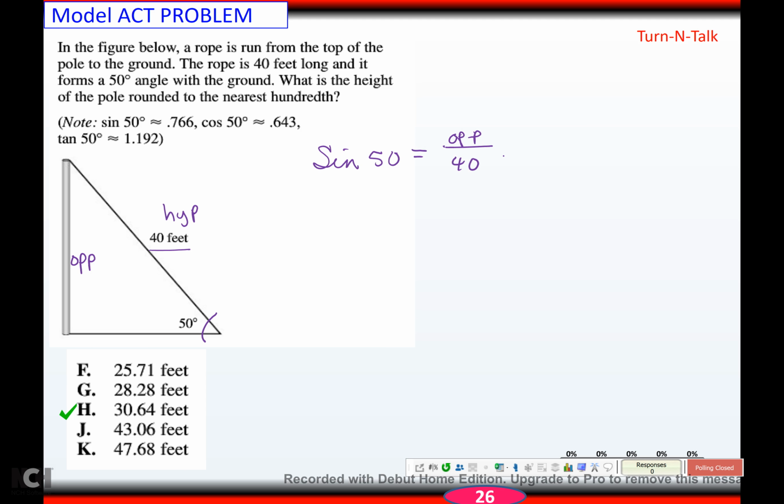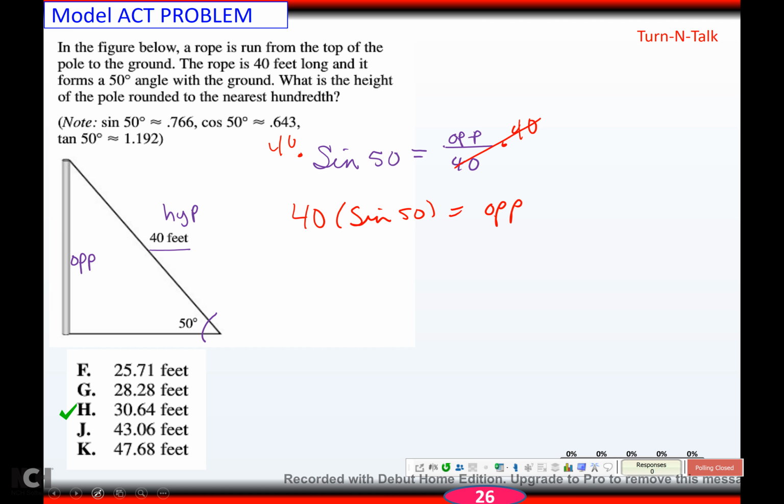I've got to figure out that opposite value, so to get opposite alone, I'm going to kill the fraction, so I'm going to multiply by 40, and I have 40 times sine 50 degrees is equal to the opposite side.